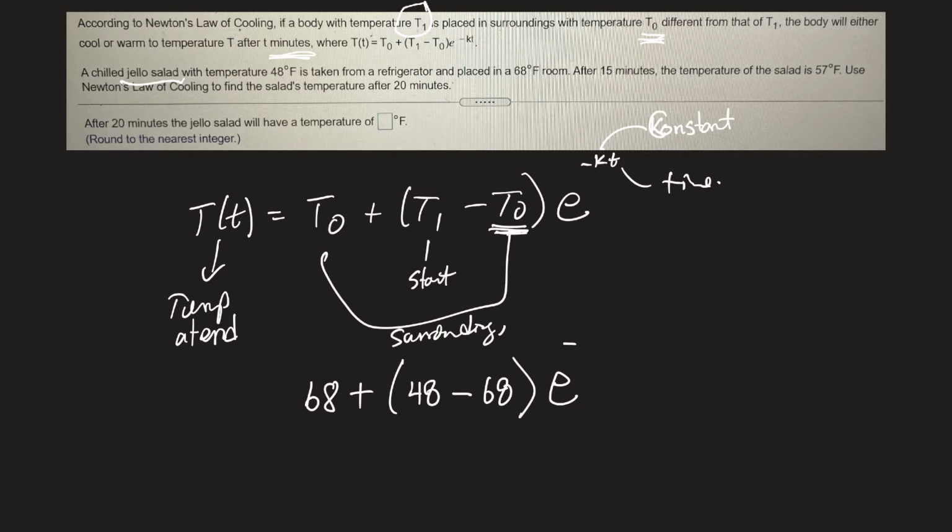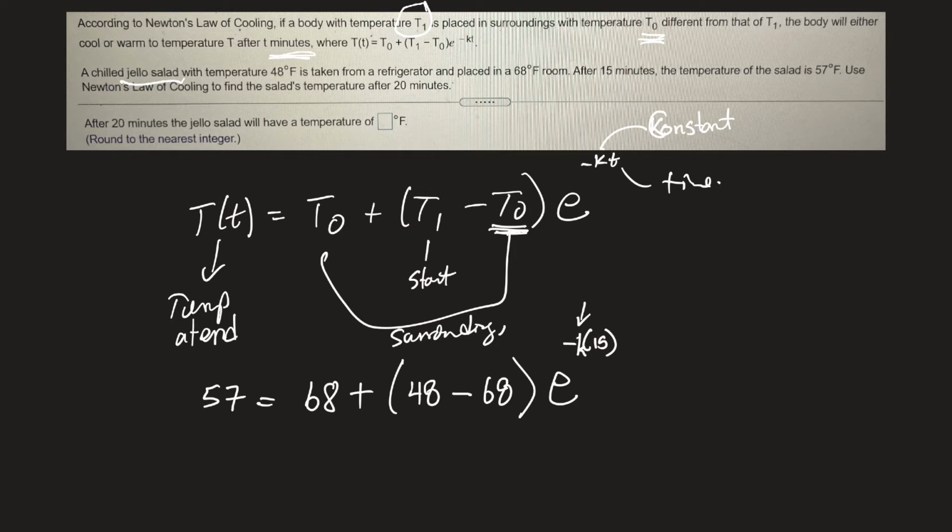They don't give me any constant of cooling or warming. They do say after 15 minutes, that'd be the time, the end temperature of the salad is 57. So when I plug all that in, I see an equation where, whoops, I forgot to put a k in there, where the only variable is this constant.